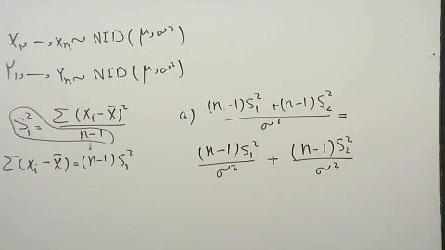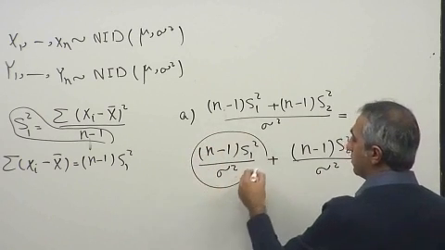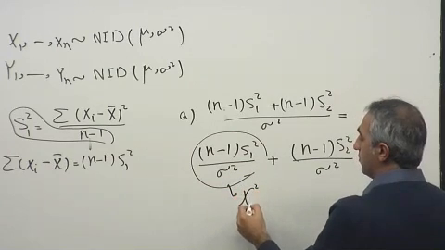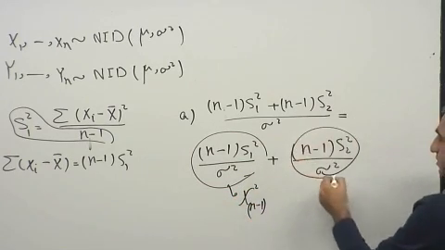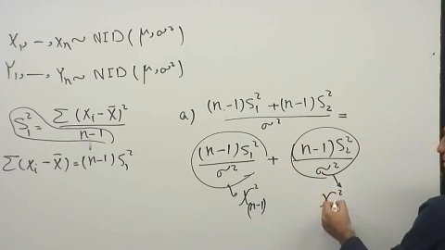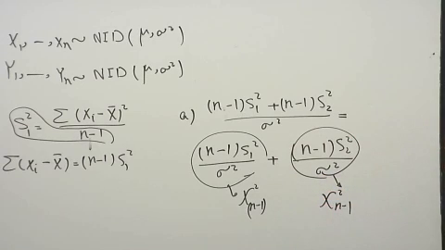Is it clear so far? What is the distribution of this guy? It's chi-square with n minus 1 degrees of freedom. What is the distribution of this guy? Chi-squared with n minus 1 degrees of freedom. They are independent. The summation of two independent chi-square distributions is again a chi-square distribution.